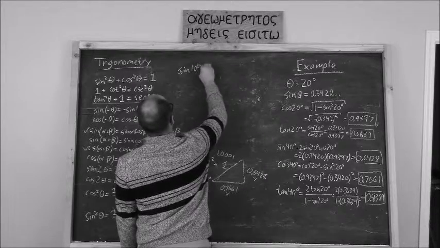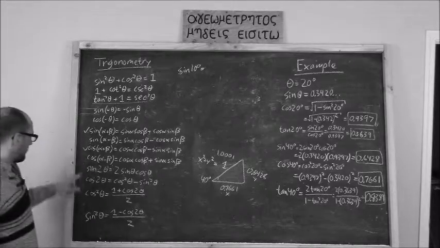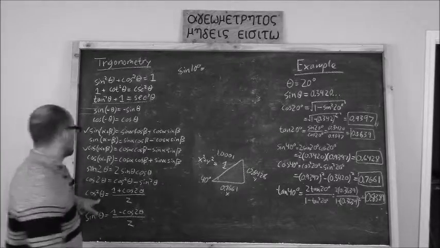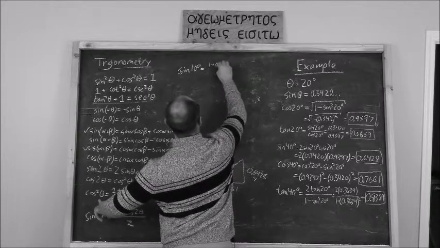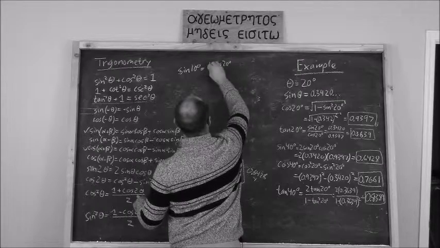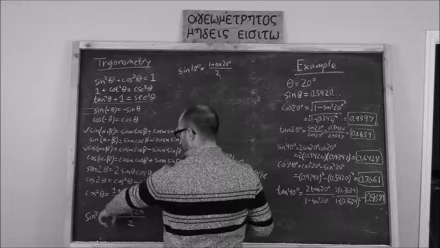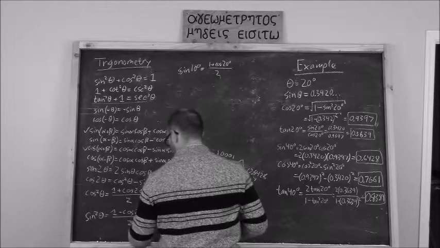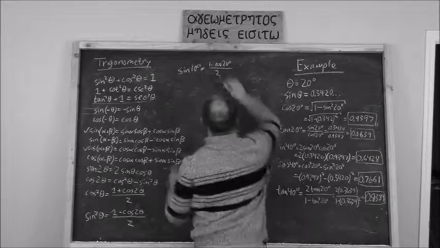Sine of 10 degrees. This is going to require use of the half angle identities. So this is going to equal 1 plus cosine of, well, 2 times 10 is 20 degrees divided by 2. Notice this is sine squared. So that negative sign got me again.